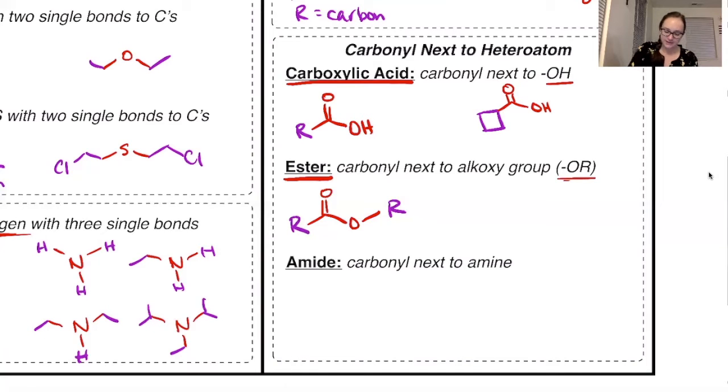An example of one, let's have our general structure, and then we have this, for example. We have a cyclohexane as one R group and then just an ethyl group on the other side.